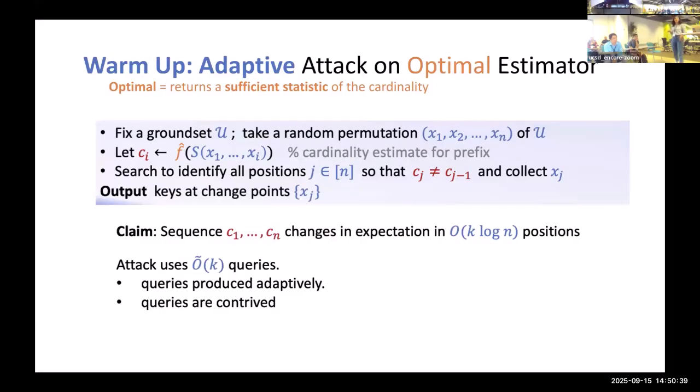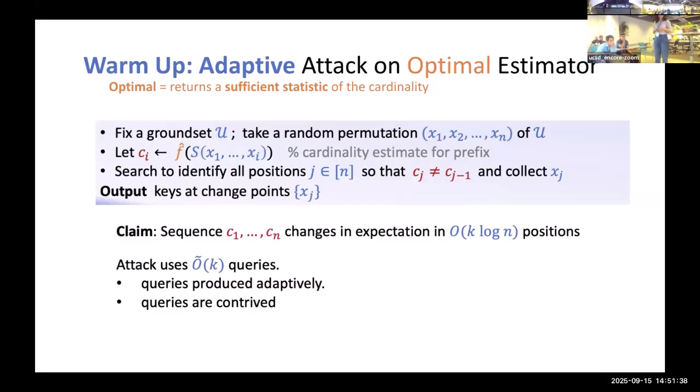As a warm-up, we can look at the following approach. I look at the ground set and take a random permutation of the items, and then I construct the set incrementally from x1 to xi, and every time I look at the cardinality estimate of the set, and every time the cardinality estimate goes up, I record when this happens. So if I let ci be the cardinality estimate of x1 through xi, then looking at c1 through cn, in expectation in k log n places, I expect a jump.